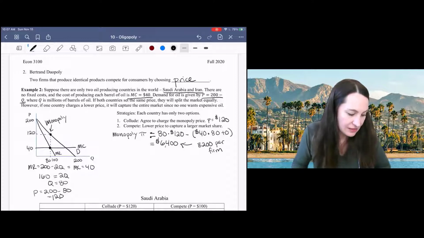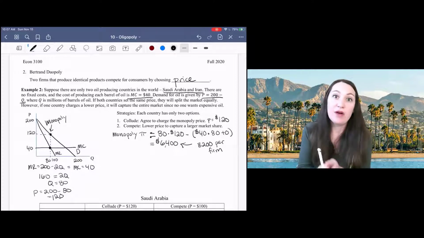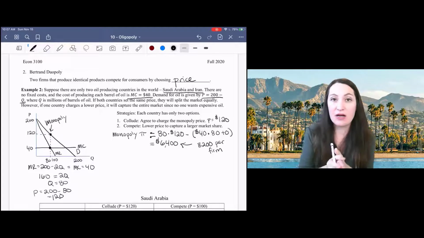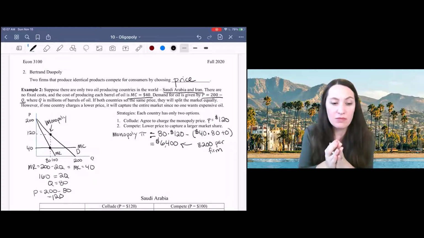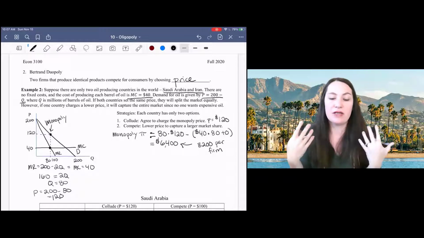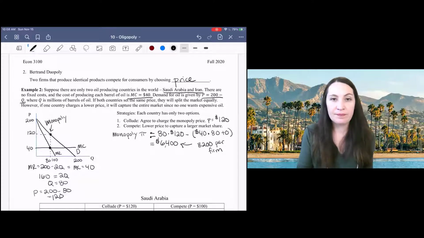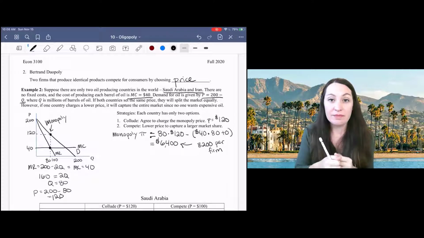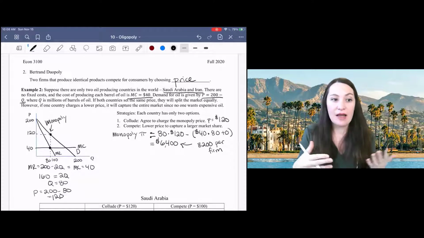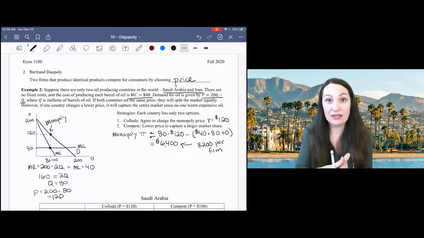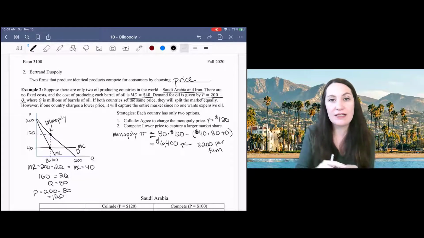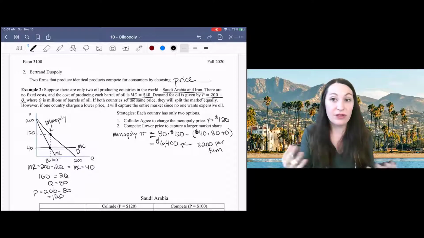So if they collude to set the monopoly price, sometimes we call that forming a cartel. Okay, a cartel is a group of firms that coordinate their pricing to behave like a monopoly. If they collude, if they form a cartel, they set the monopoly price, they're going to earn $3,200 each. Okay, their other option is to compete, to lower their price. And obviously there's lots and lots of different options to lower price, but we want to simplify this analysis. So we're going to just pick one alternative lower price.